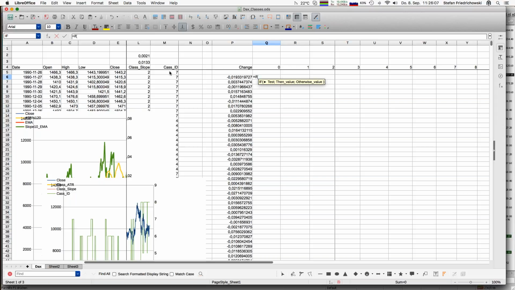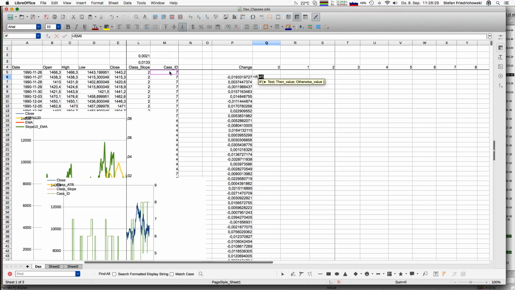No, we have to look at the last day, because on that day we identified, in this case, class identification number 7 in the cell M5, and then we would, for example, start a trade virtually here.